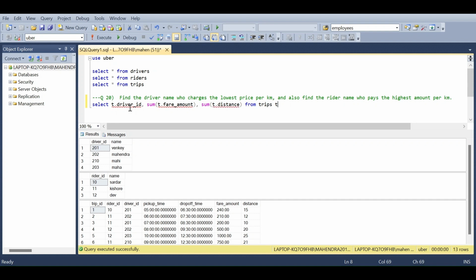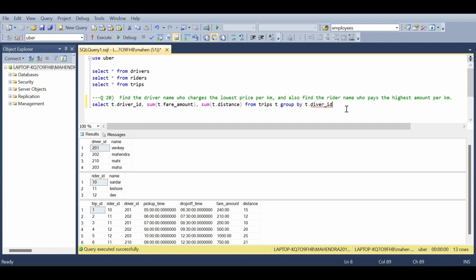Now we need to group by, because we are finding the total charged by each driver and the total distance that each driver drove. So we need to use group by driver ID.